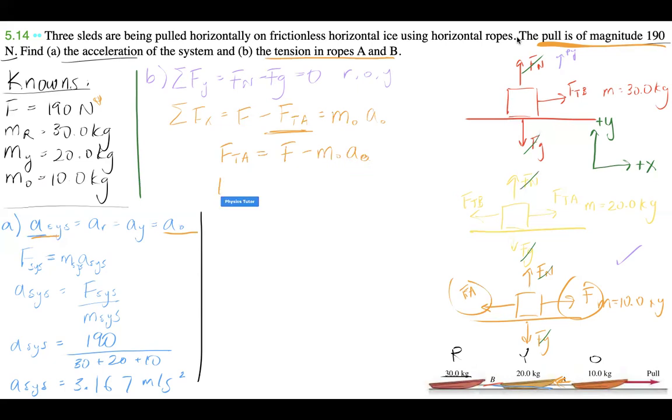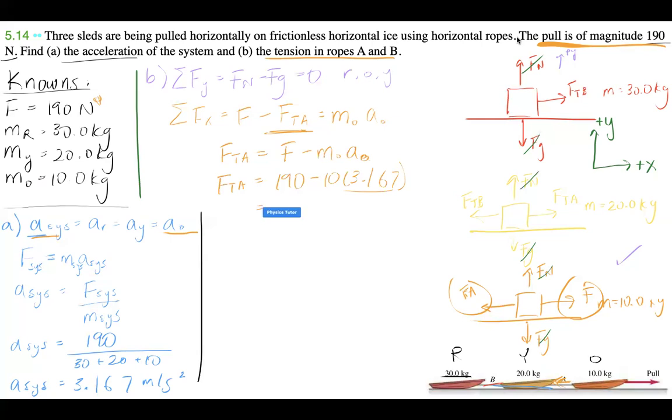Okay, so FTA is equal to 190 minus 10 times 3.167. And you can actually leave this as 3.1666667 on your calculator because that's way more accurate, obviously.